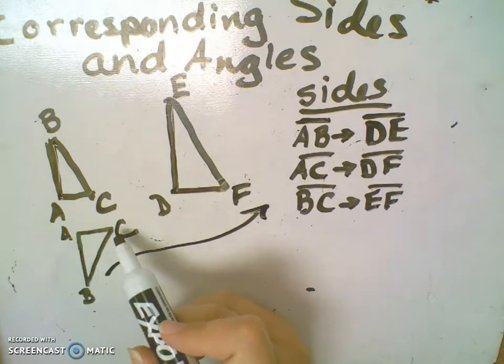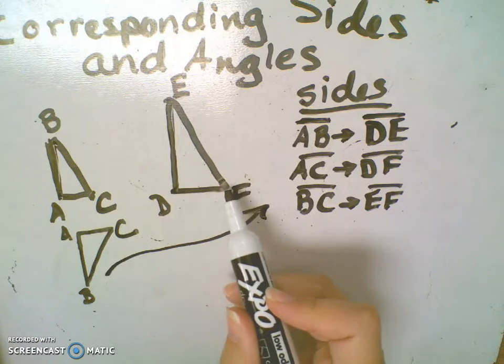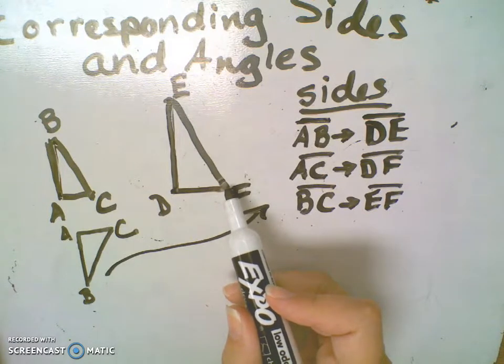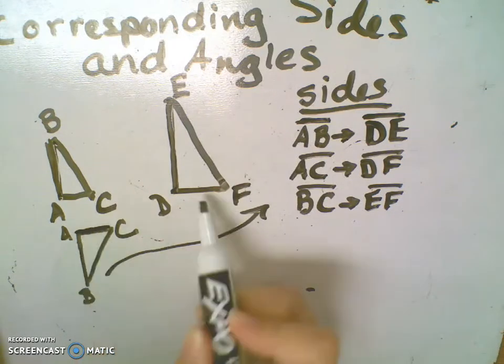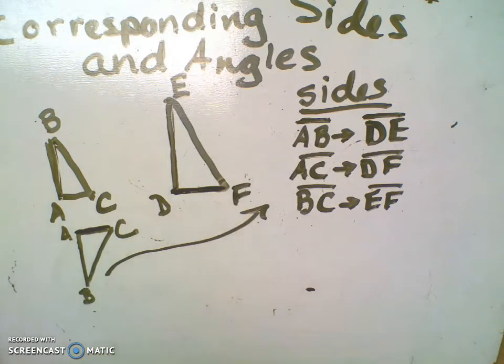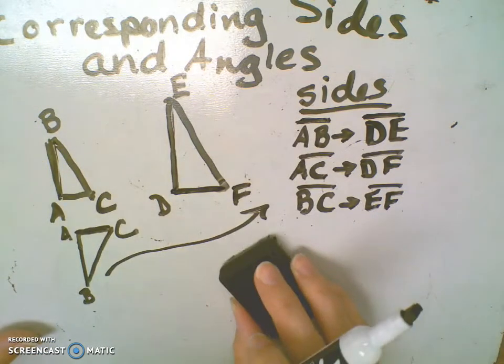So AC would still correspond to DF. So sometimes they're not going to have the same orientation or be turned in the same direction, but we're still looking at the ones that are in the same area. And sometimes if you have something like this where it's turned upside down, it might be helpful to redraw it so that it's in the same orientation as your other one.